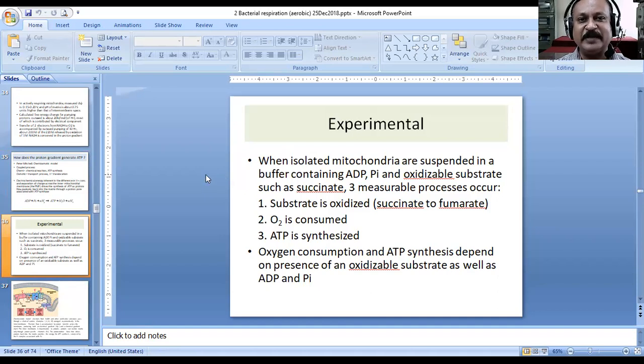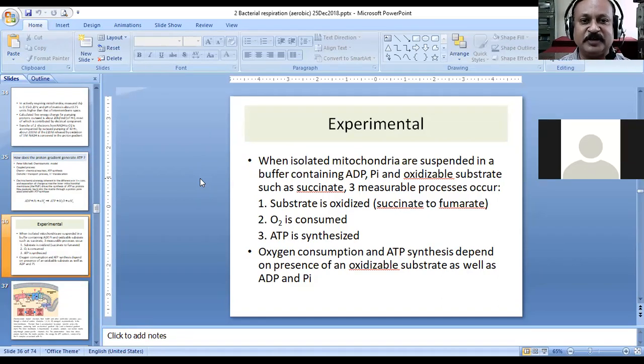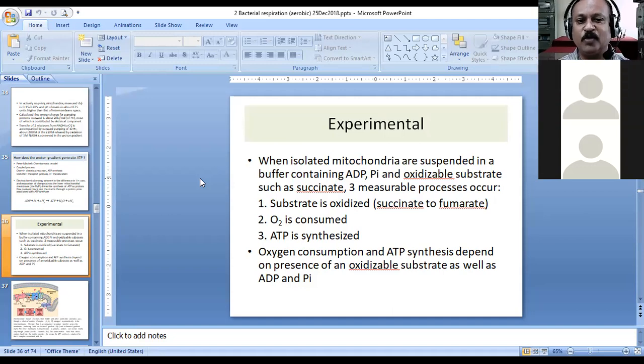Any guess or anything that you remember from the earlier semester? Centrifugation. Which centrifugation? There was a particular kind of technique that we learned last sem related to centrifugation. Ultracentrifugation? No, not ultracentrifugation.